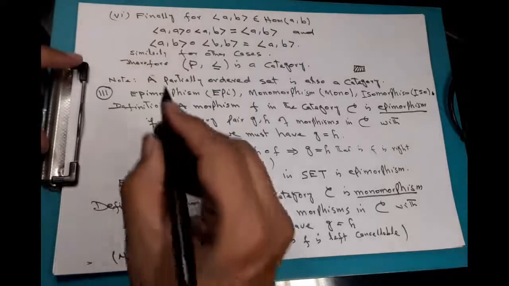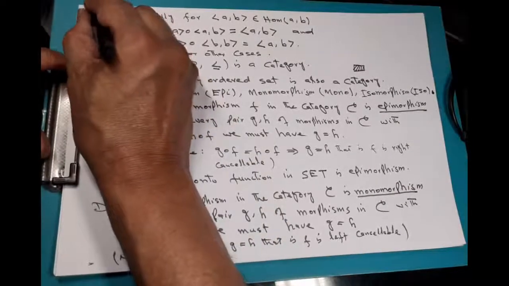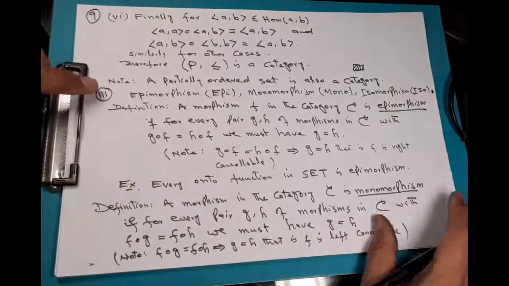So having said that, we can have an example. Every monomorphism in the category of sets, or every one-to-one function in the category of sets, is monomorphism.